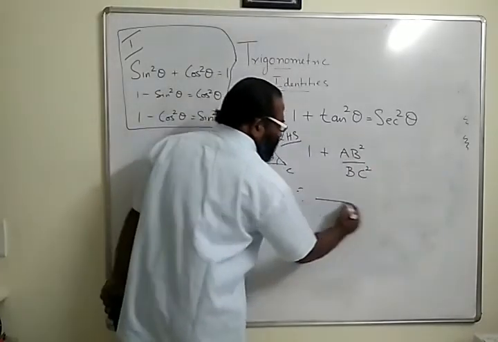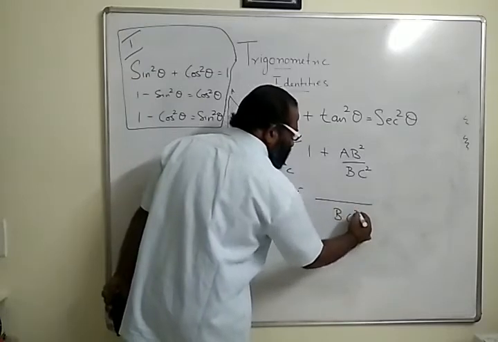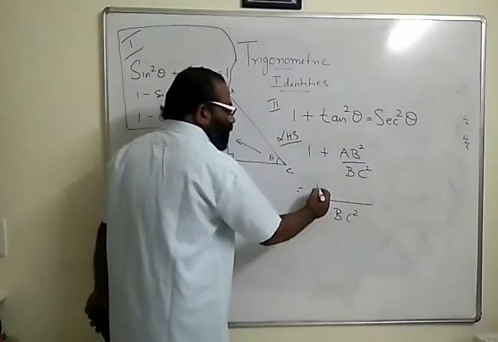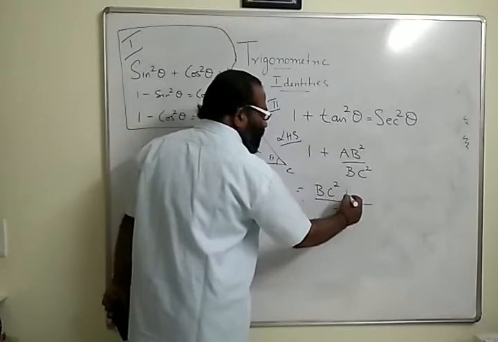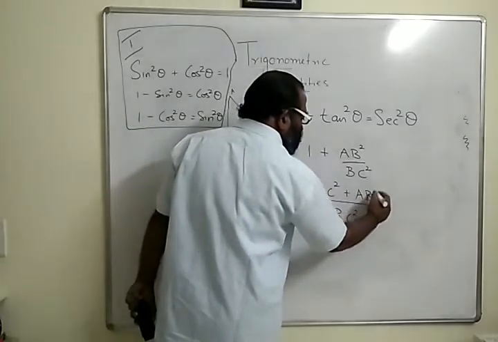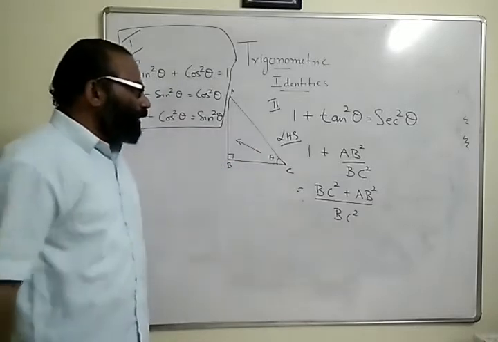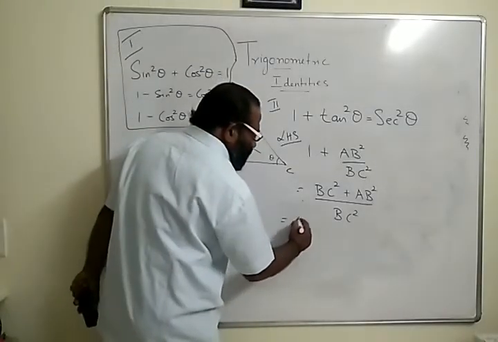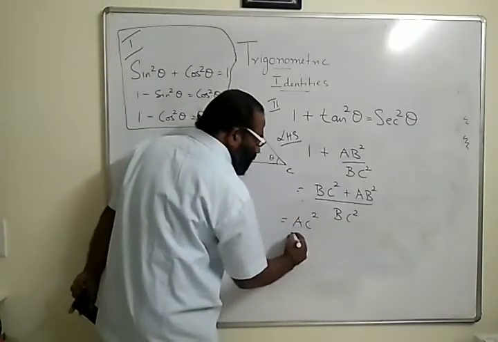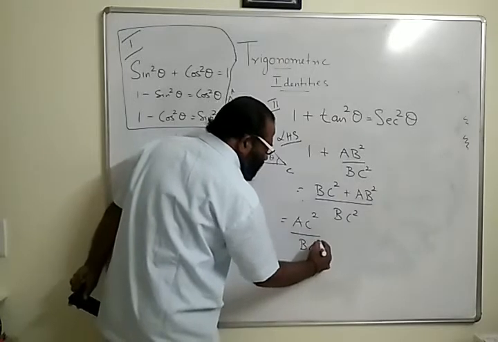So now let's take the LCM as BC square. Now 1 into BC square plus AB square. And we know AB squared plus BC squared equals AC squared by Pythagoras theorem. So AC squared by BC squared.